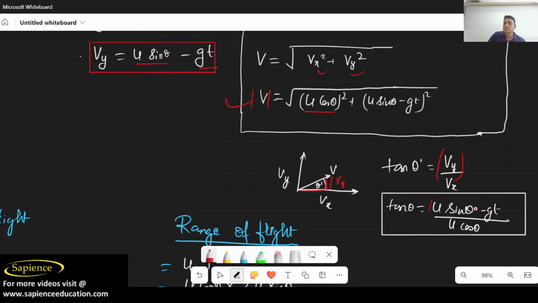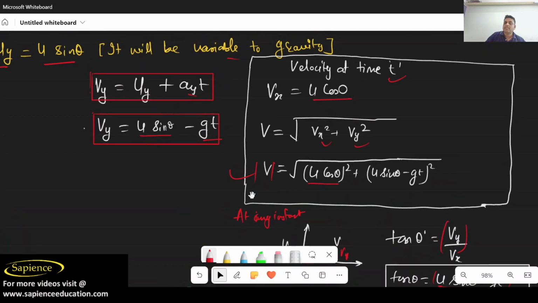Vy is u sin theta minus gt, divided by u cos theta, which is a constant. So at any instant of time, we can find the angle theta of the motion, as well as the net velocity, the magnitude of the velocity, by using these formulas.